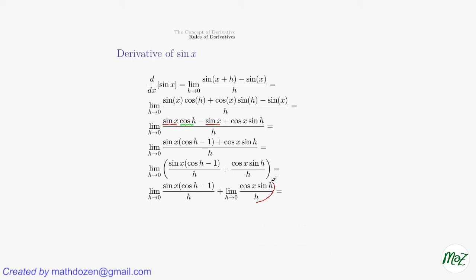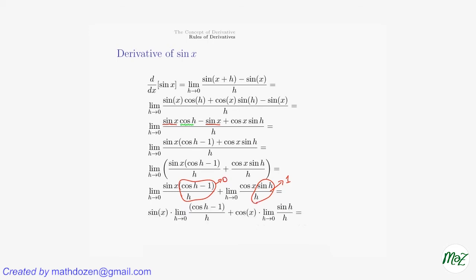What we know is that the limit of sine h over h as h goes to 0 is actually equal to 1. And then the limit of cosine h minus 1 over h as h goes to 0 is actually 0.